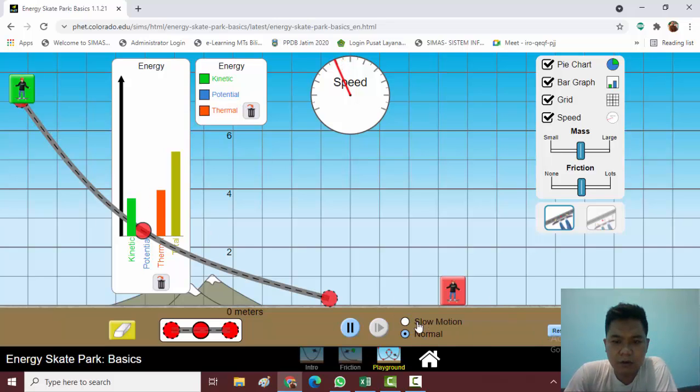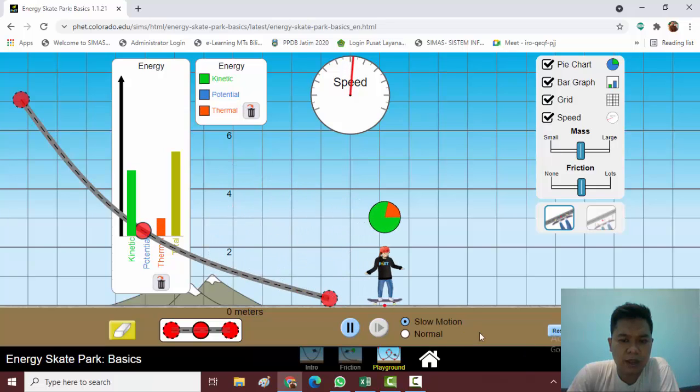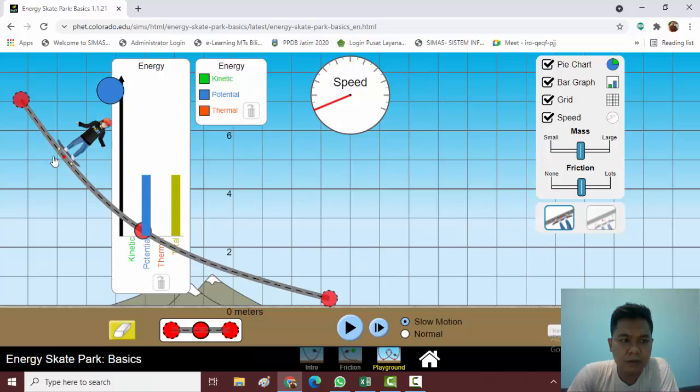I will use slow motion to see the potential energy and kinetic energy from the top point until the bottom point. We can pause. I repeat again with slow motion.